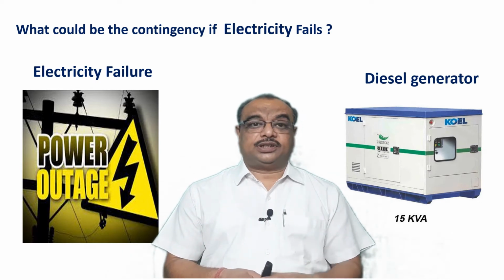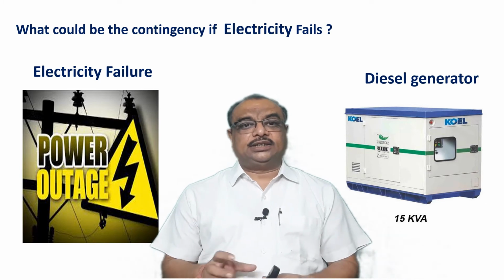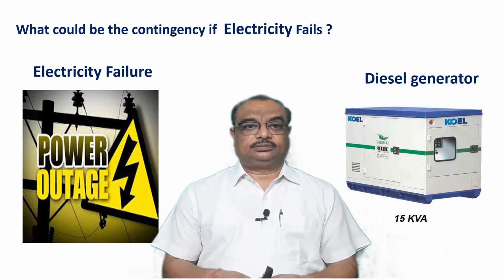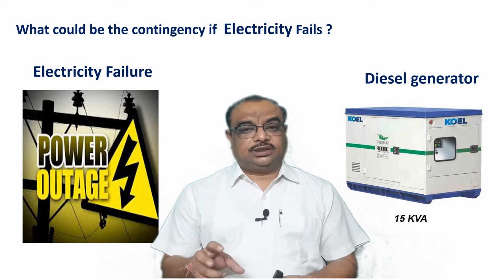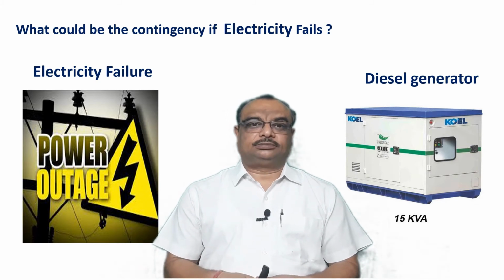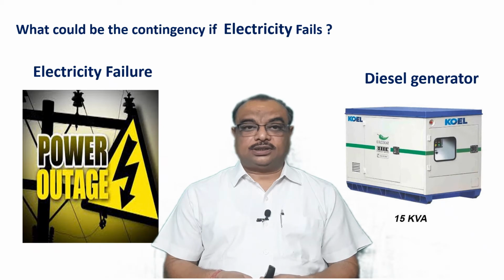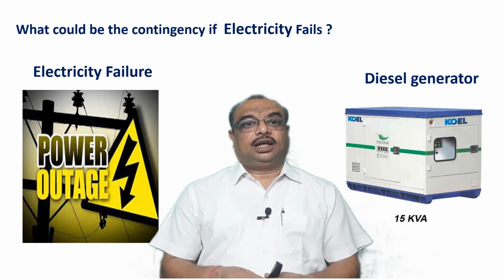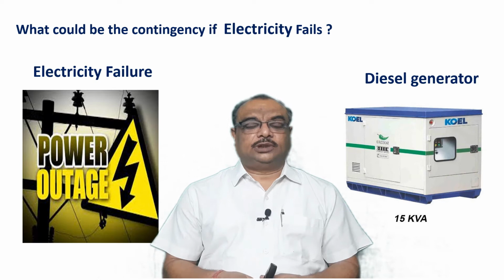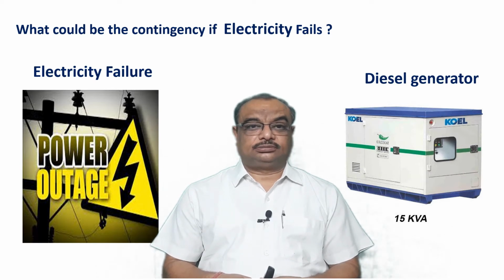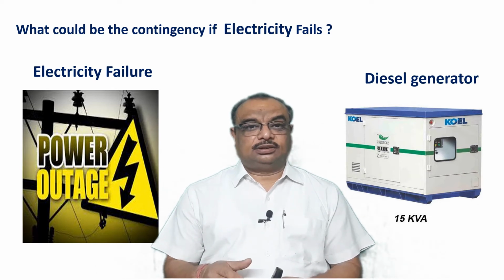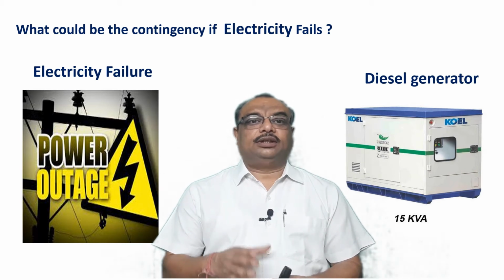But in this situation, if you identify the contingency as a DG set, this DG set will create a lot of problems. What could the problems be? They could be related to operational issues, because if the electricity condition is very good for 3 months, 6 months, with no failures, in that kind of situation you have to run your DG just to keep it in running condition.